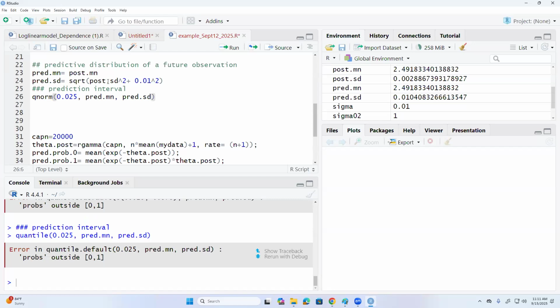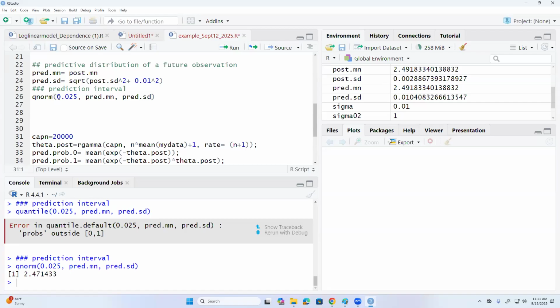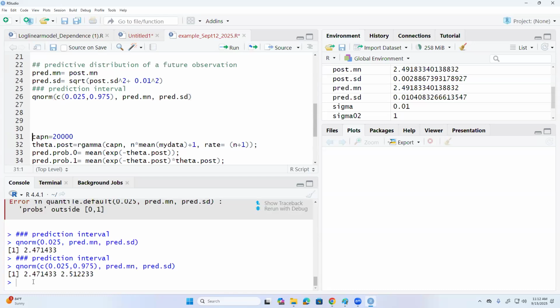You use the quantile function if you have observed data and you want to calculate empirical quantile based on the observed data. But here I'm calculating the quantile based on the theoretical distribution. I gave the normal distribution with mean and variance. So this is the theoretical information. So this is the prediction interval for future observation.